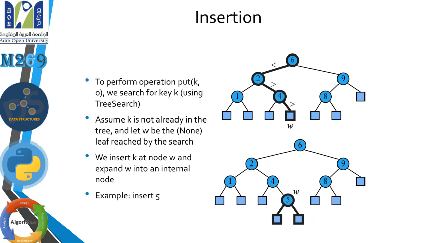And here in the example for insertion, let's say you want to insert a new item into the tree, and you have to specify what item. Now let's say I want to insert the number 5.